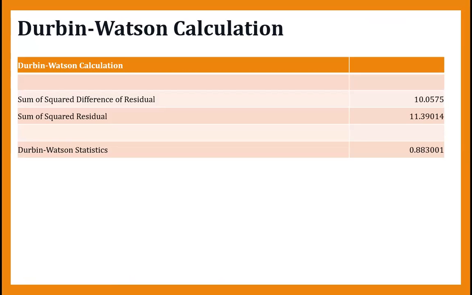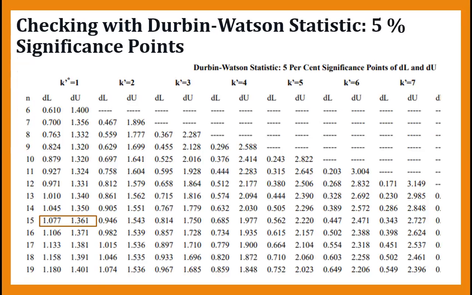Because the D value 0.8830 is less than the lower critical value of 1.08, we can conclude that there is a positive correlation among the residuals. The regression analysis of the data is inappropriate because of the presence of significant positive correlation among the residuals. In other words, the independence of error assumption is invalid, so we need to check for alternative approaches.